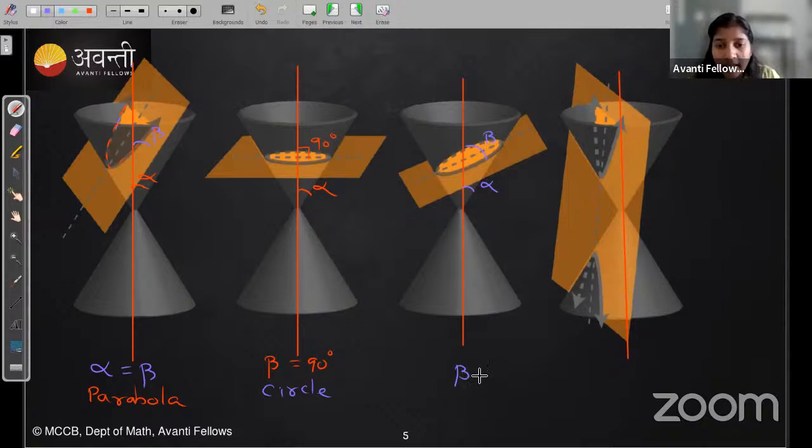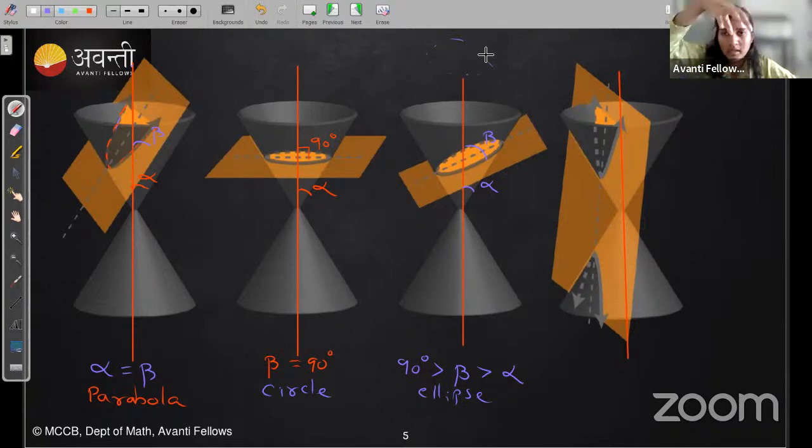If angle beta is greater than alpha and less than 90 degrees, that is, the angle between the plane and the central axis is greater than the vertex angle and beta is less than 90 degrees, then when we cut the cone at that angle, we get two parts, and the shape we get on the cone will be an ellipse.